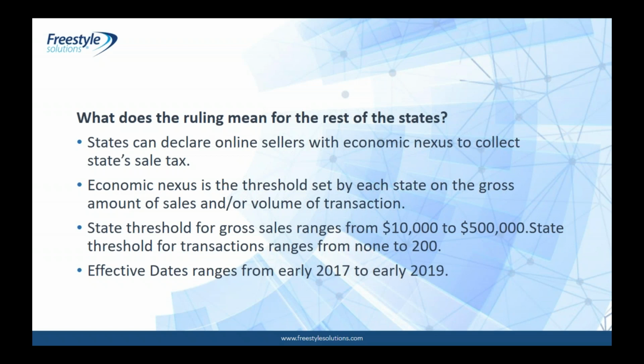Some of these rulings and their effects have been in place and backdated all the way to early 2017 and could be finalized by early 2019. Like I said, we will be sharing some links and information near the end of the webinar, so you have an understanding of where to follow along and see what states have been saying in terms of the economic nexus.